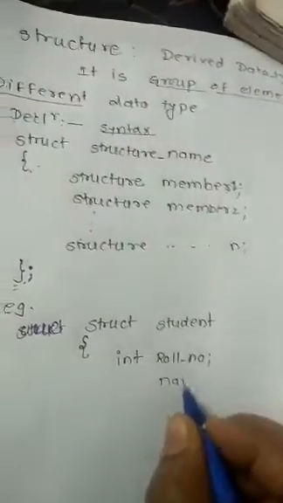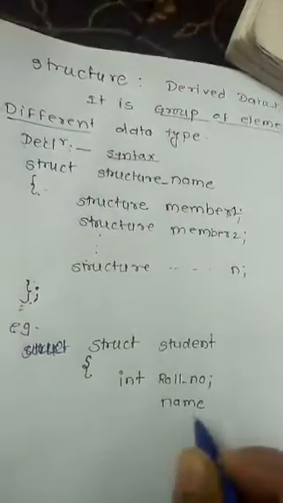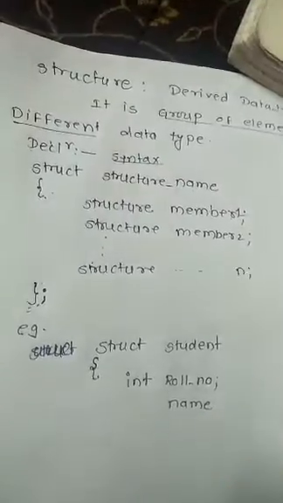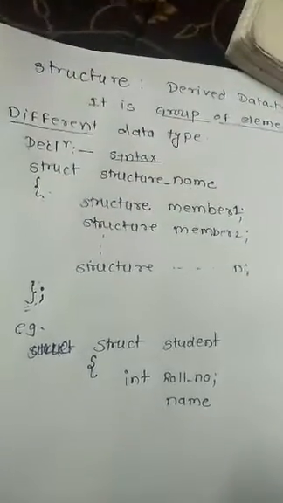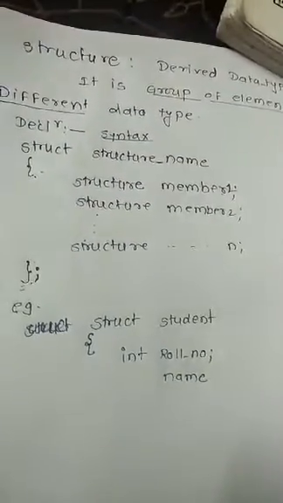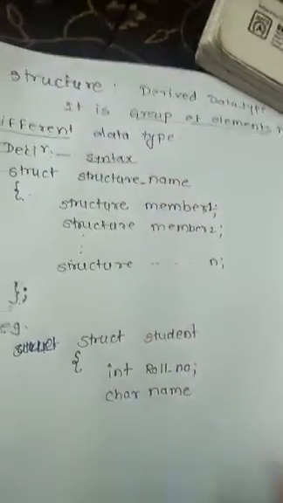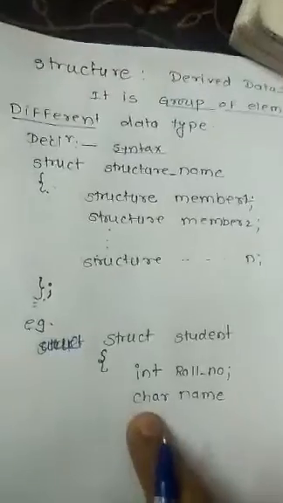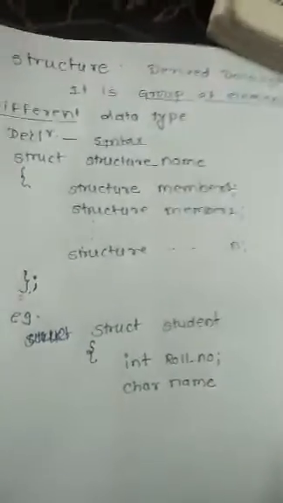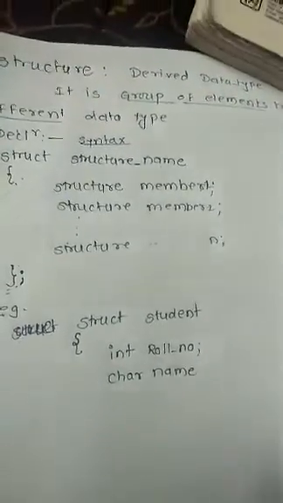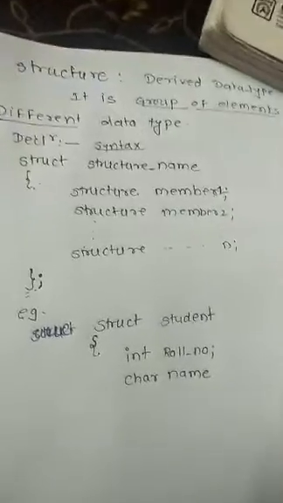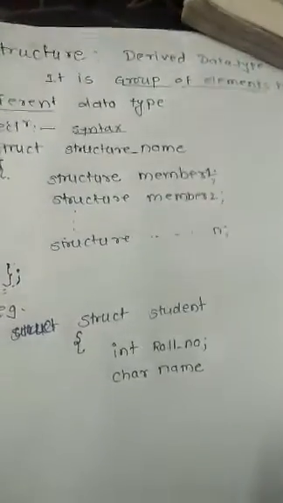Next, I declare the name of a student. This name is made up of a number of characters. If we write only char name, it accepts only one character. So now you want to declare a number of characters.